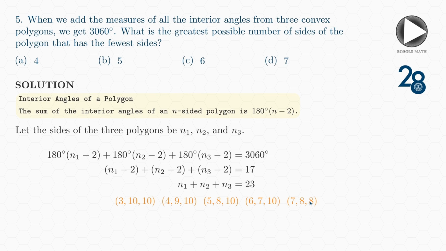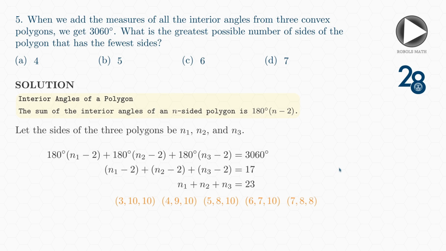Is there a set where 8 is the lowest? The answer is no. Because if the lowest is 8, the sum of the other two should be 15. And if the sum is 15, the closest set you'll get is just 8, 7, 8. But if that's the case, then 8 is not the lowest. 7 is the lowest.